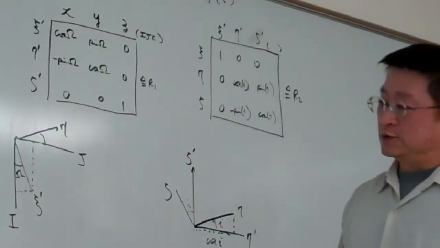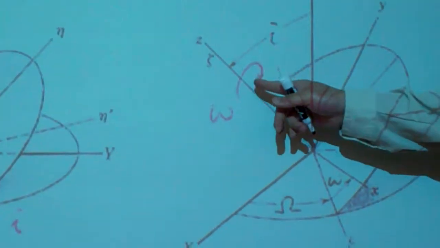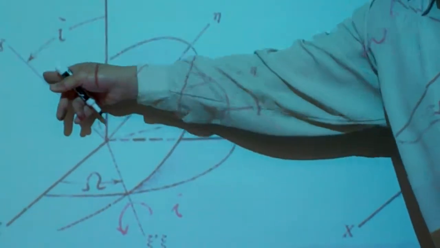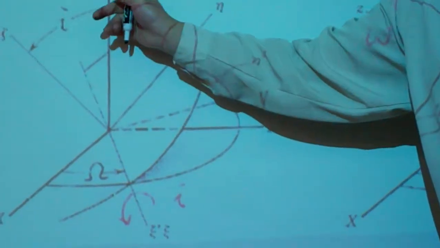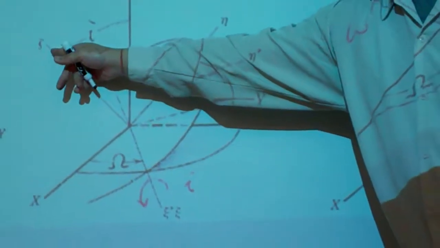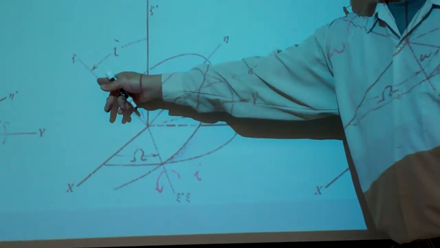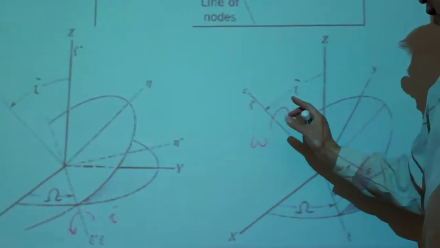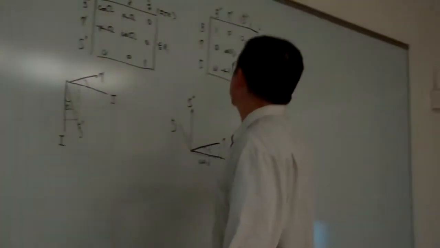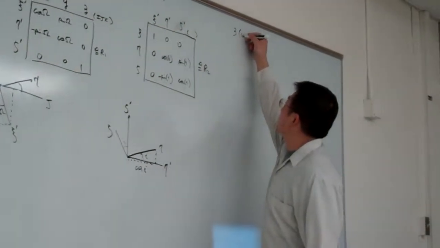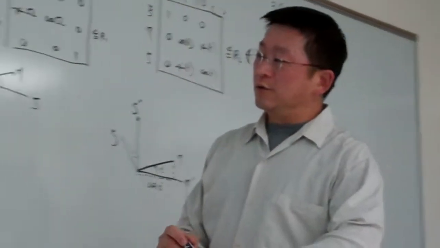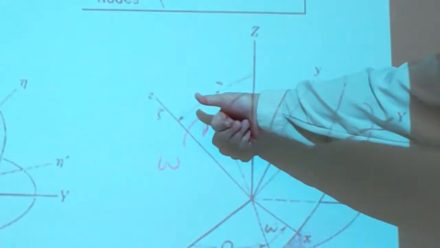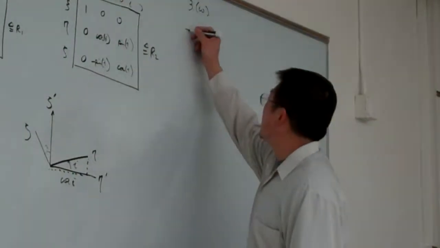And now we come to the third one. The third one is we rotate this axis, which is transformed from here. Let me call this the axis 3. We rotate the axis 3 by small omega. Here are the notations. We align our thumb by the thumb rule, rotating in that direction.